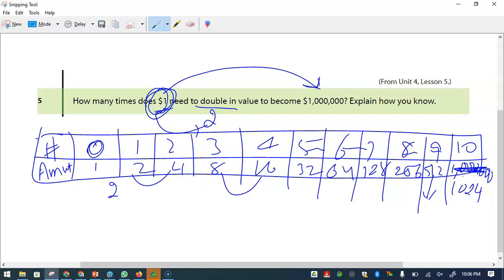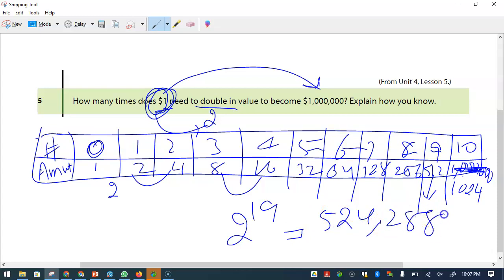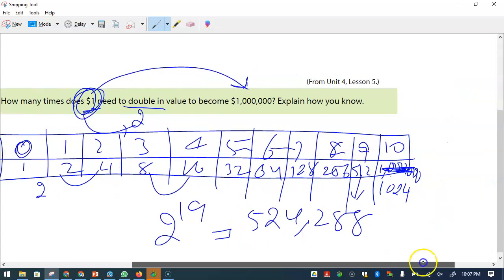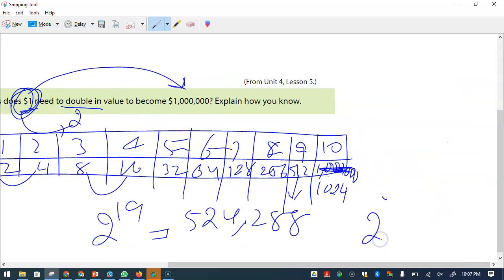And you will see 2 raised to 9, and you can always check with the calculator. You say 512. But if you multiply more, 2 raised to, let's say, 20, that will cross, this is almost half a million. So this will be more.